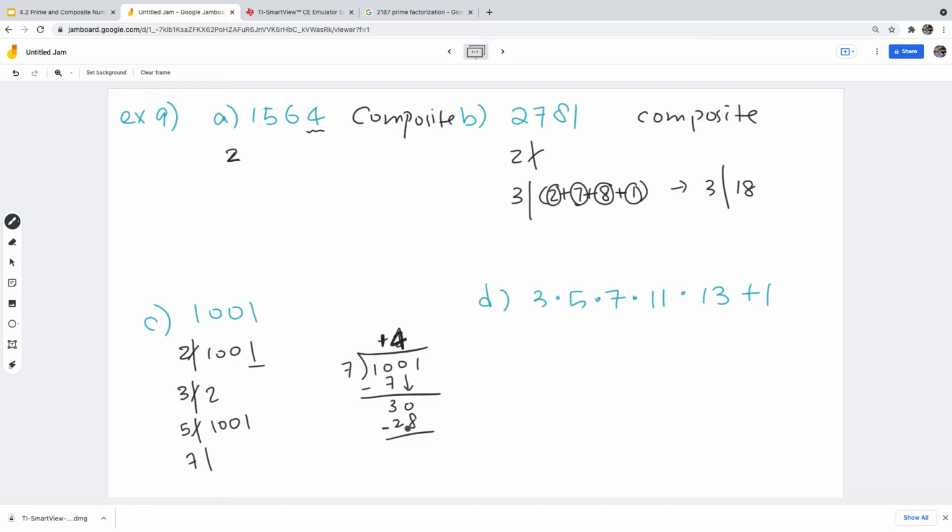And subtract, you get 2, and bring down the 1, so 21. So that's 21, and the remainder is 0. So 7 times 143, those are other factors besides 1 and itself. So it is divisible by 7, right? So we can say that, yes, it is a composite number.